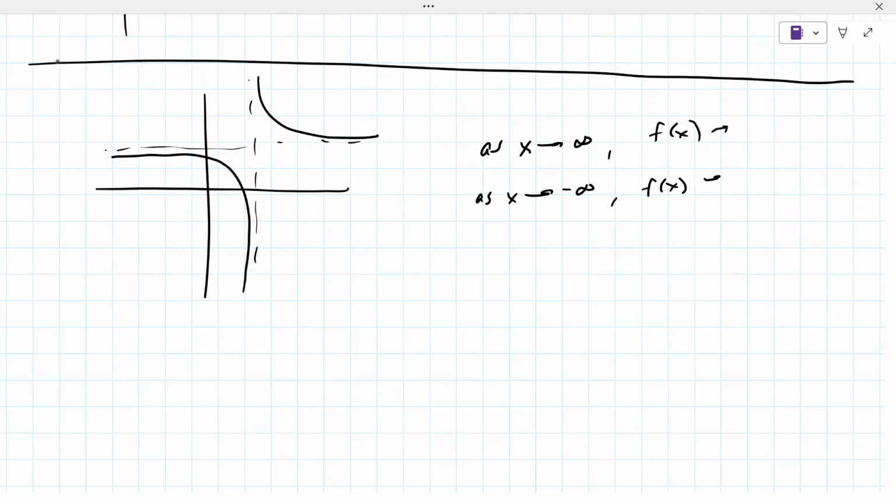So this is always towards the horizontal asymptote. Oh, okay. So let's say it's y equals 3 here. Then would it be, as x approaches positive infinity, y approaches 3? Yes, in both cases.